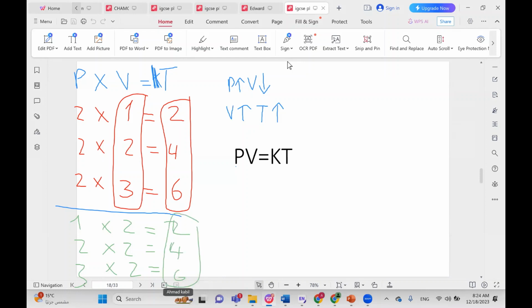So in this case as well, the pressure and the volume have a direct relationship. As pressure increases, volume increases, and vice versa.